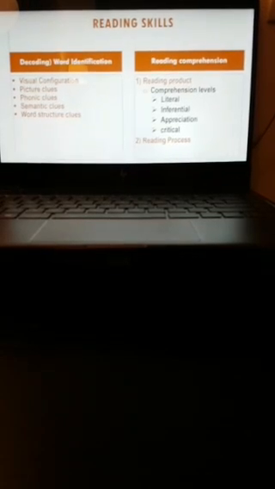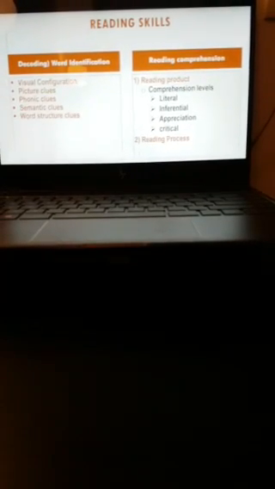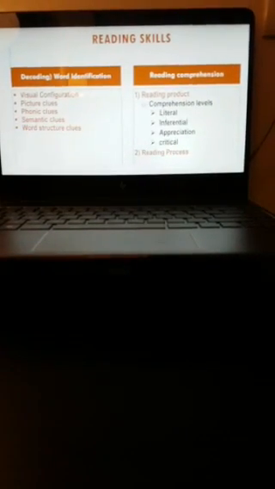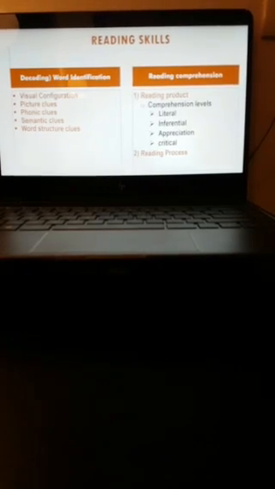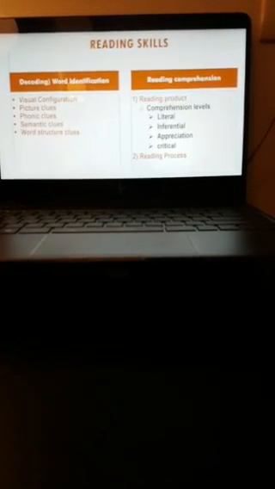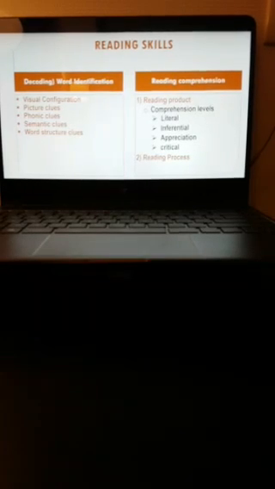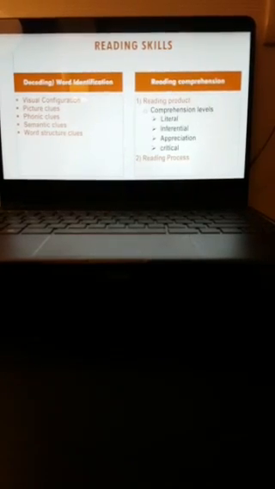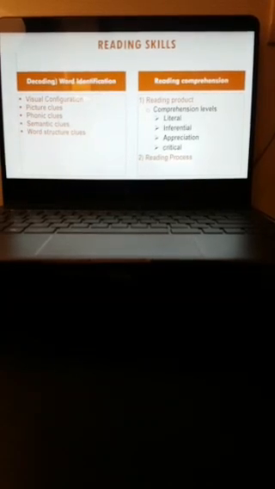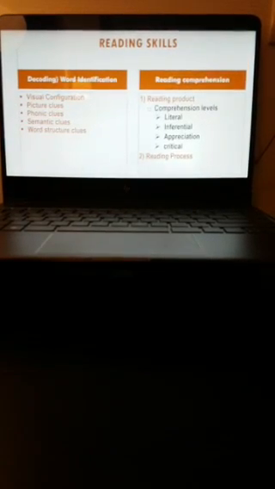So, the reading product means after we finish, what do you understand from the text? We understand the literal meaning of the text. We understand the inferential meaning.